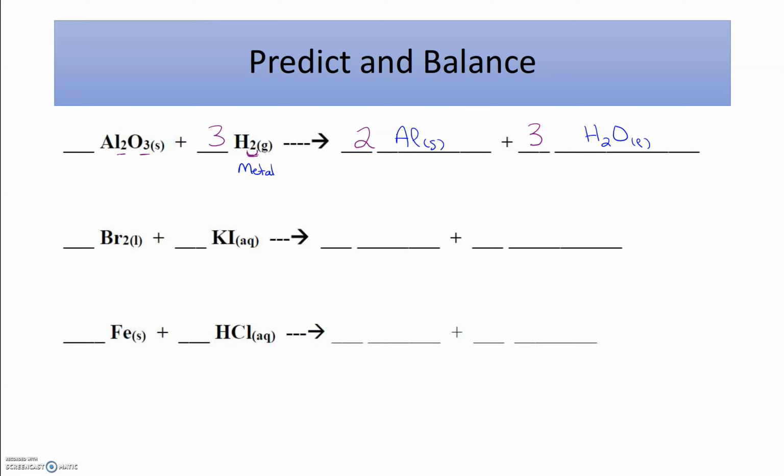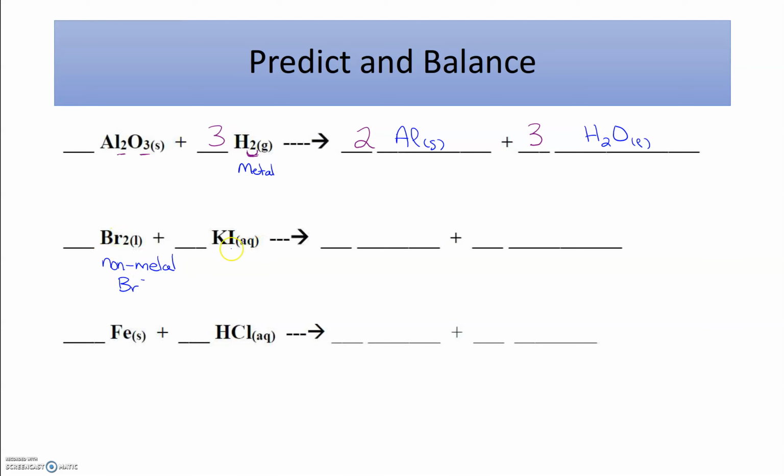So for our second reaction here, I've got bromine liquid reacting with potassium iodide. I'm looking at my element. This is a non-metal, so he is going to be making an anion.